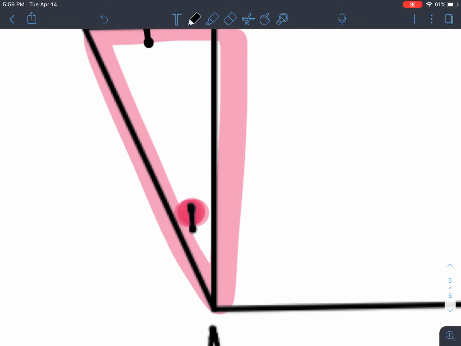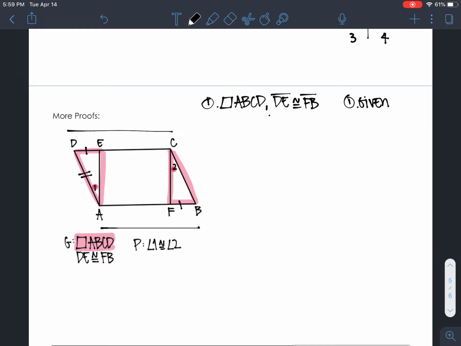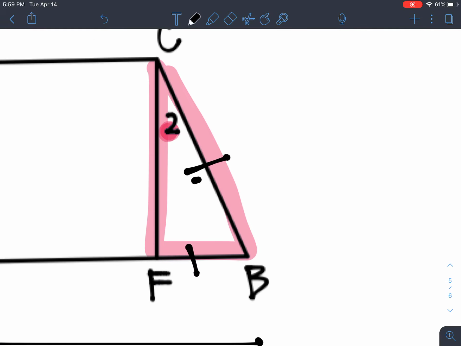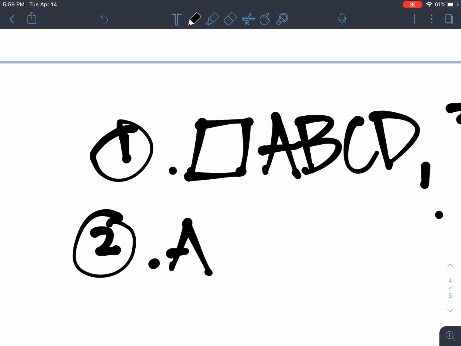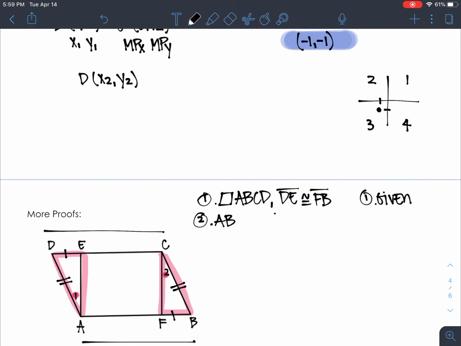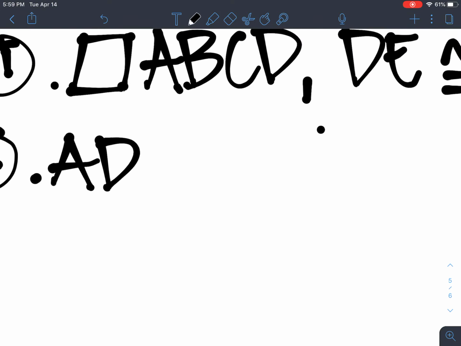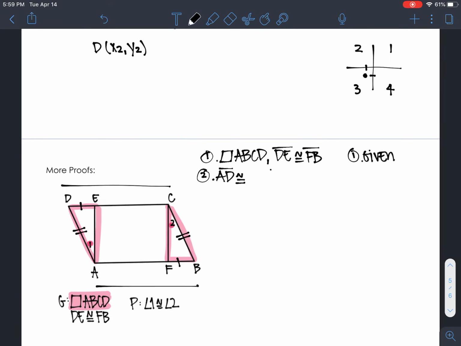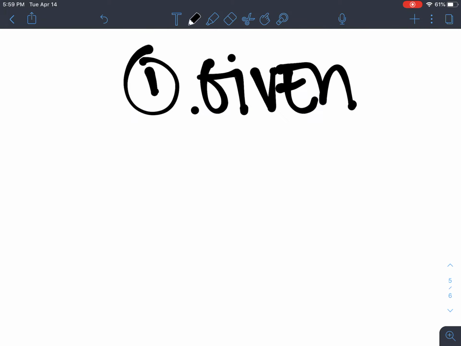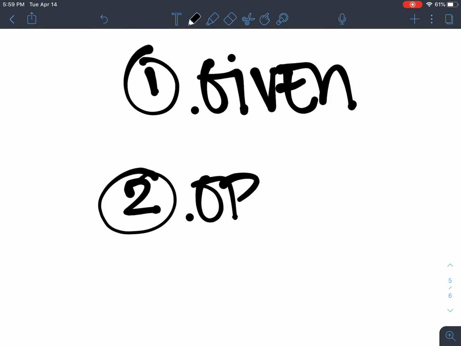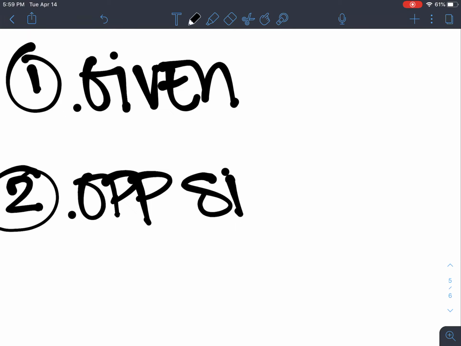What's helpful is for us to state that AD has to be congruent to CB, okay? And that's going to be my second step. AD is congruent to CB. And that is by the fact that opposite sides have to be congruent.